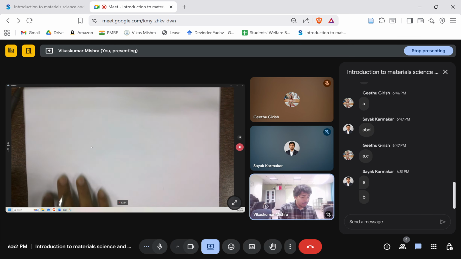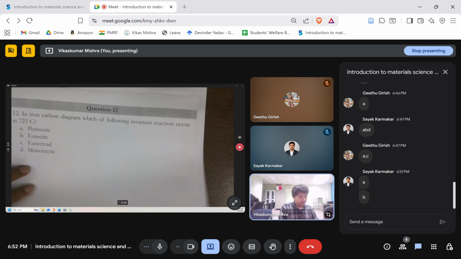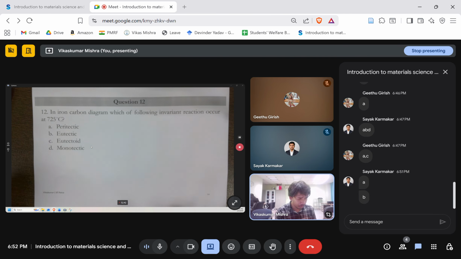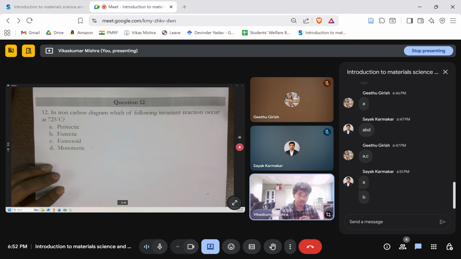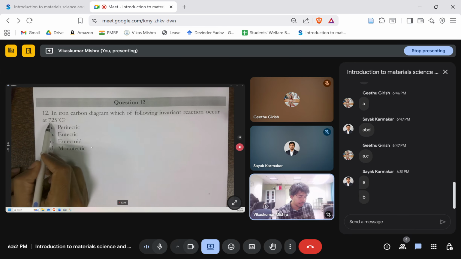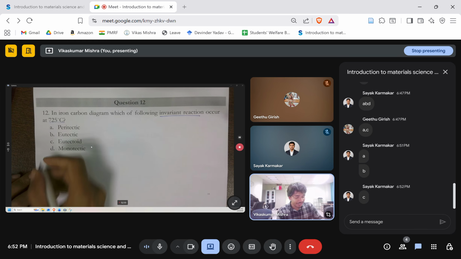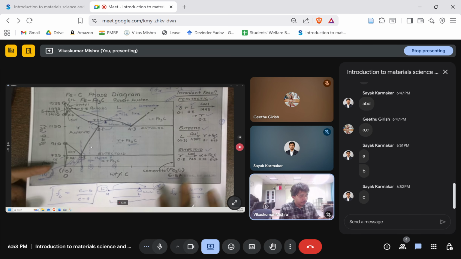Now let's go to the next question, question number 12. A very simple question. In the iron carbon diagram, which of the following invariant reactions occurs at 725 degrees Celsius? At this temperature, which invariant reaction is happening? Option C, very good. It's a eutectoid, right?